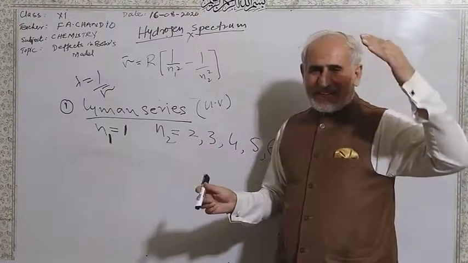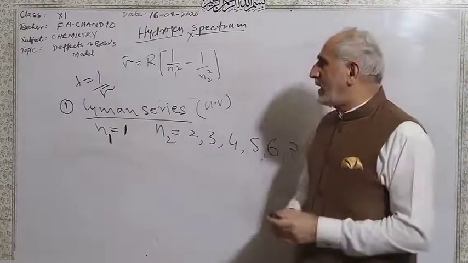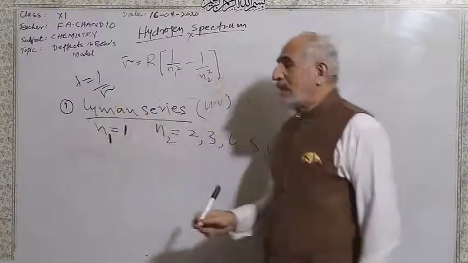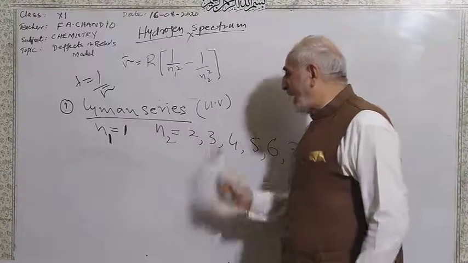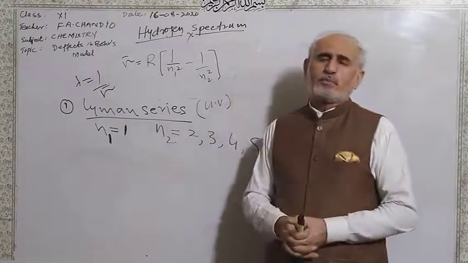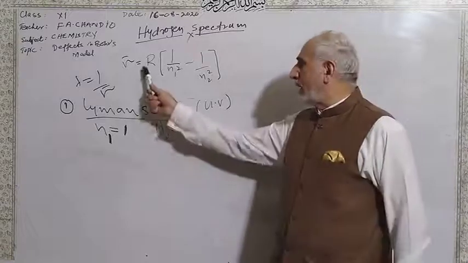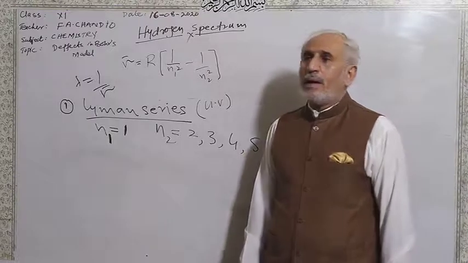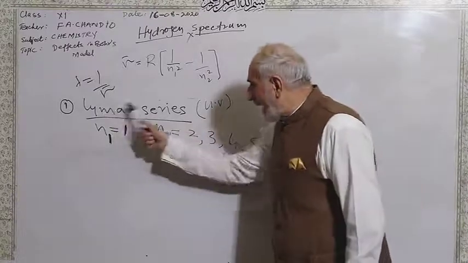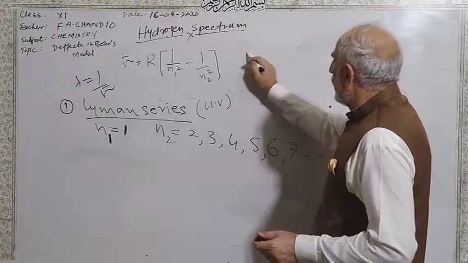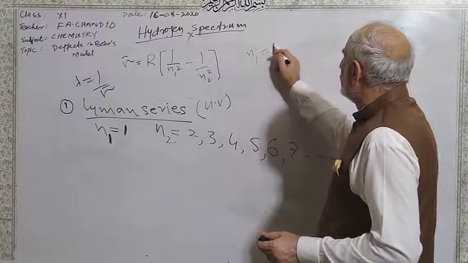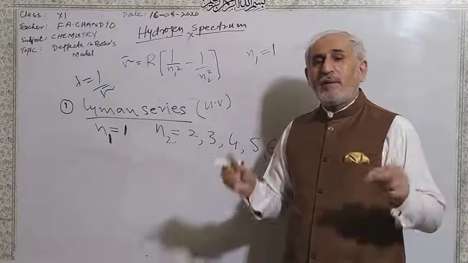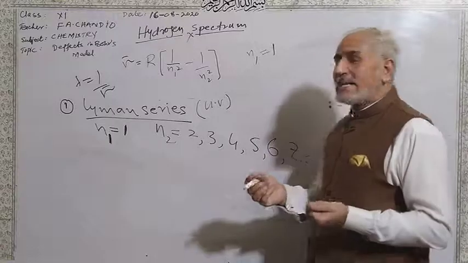So if the examiner asks you to calculate the wave number and wavelength of the second line of the Lyman series, R is a constant, the Rydberg constant. You can see the previous topic. And when he says Lyman series, n1 must be 1, because he is saying Lyman series.